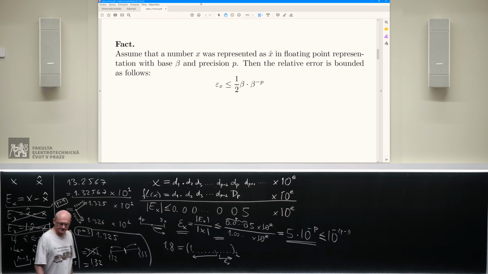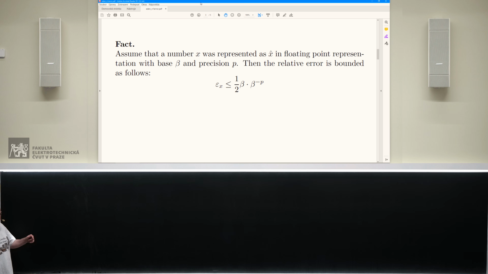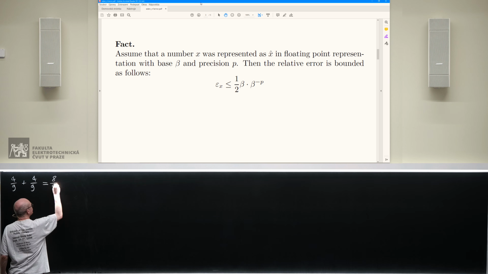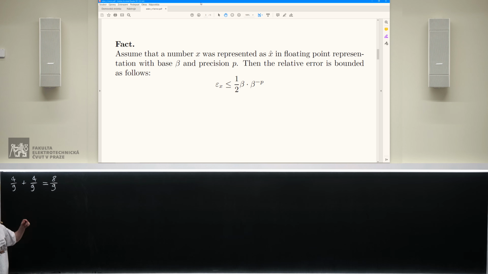Let's make some room. Imagine that you need to add 4/9 and 4/9. Now, if you do this calculation with a pen and a pencil, you will get 8/9. And that's a precise answer. If for some reason you need to do this calculation in our calculator, and let's say that it's a very tiny calculator with a tiny memory, just 2 digits, 4/9 would transform into 0.44.